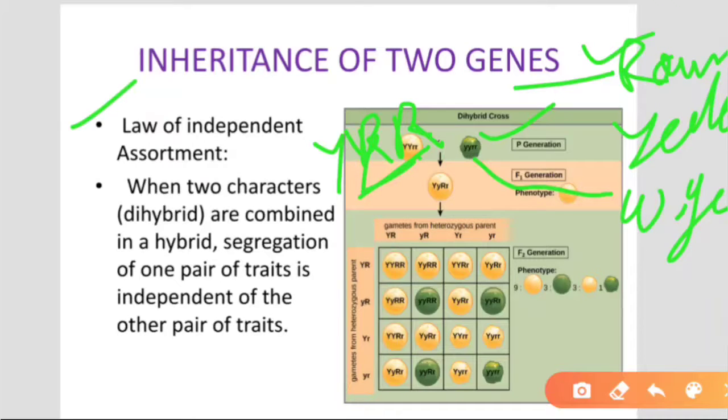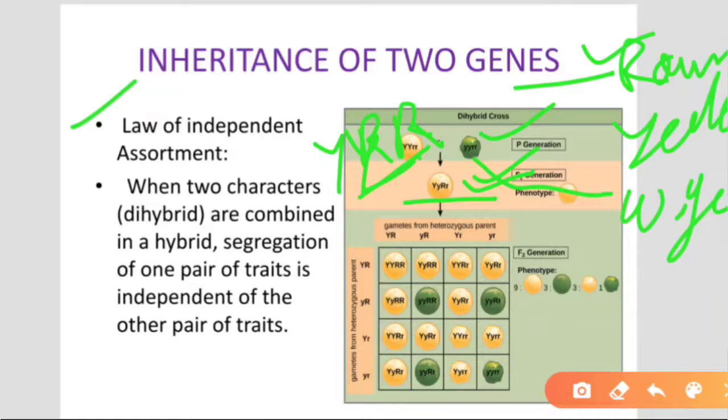Now if they are crossed, then in the F1 generation they produce hybrid seed. The characters are based on the seed: round and yellow seed, wrinkled and green seed. In the F1 generation all seeds produced are round and yellow, but they are hybrid.